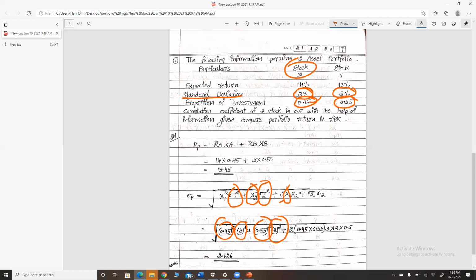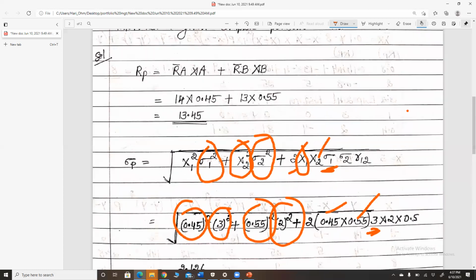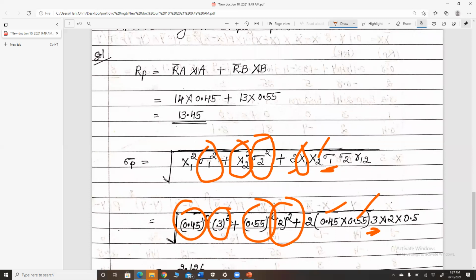X1 is 0.45. X2 is 0.55. Then into standard deviation 1, that is 3. Then standard deviation 2, that is 2.